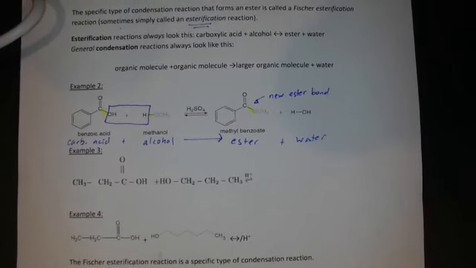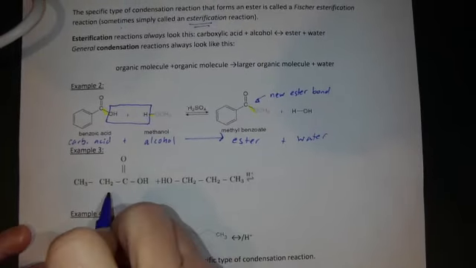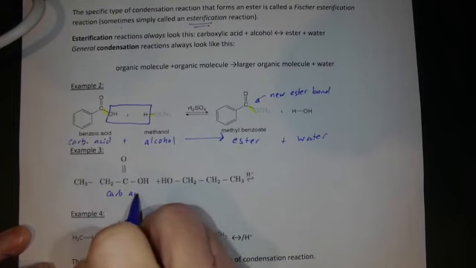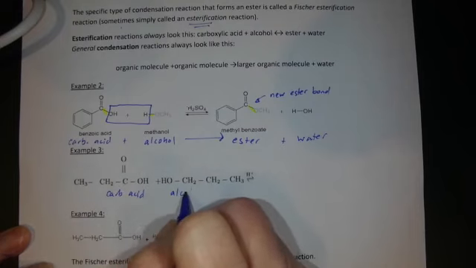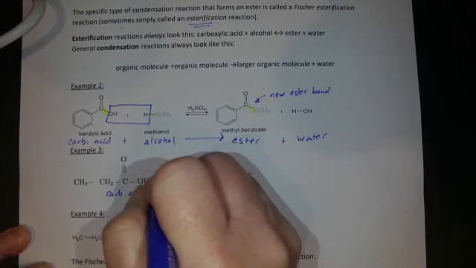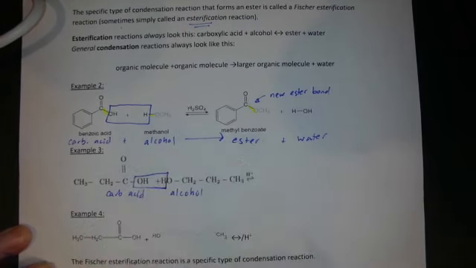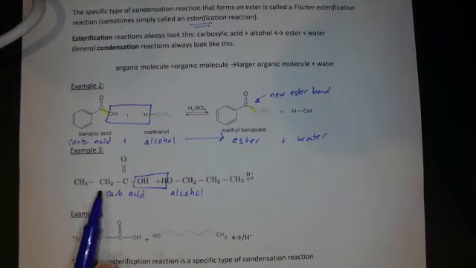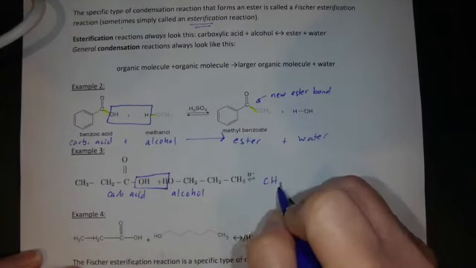So let's see how that would look. I see that this is a carboxylic acid. I see that this is an alcohol. So what will happen is this: box out water, slide the two pieces together. Everything before the box stays the same. It will not change. So I will leave it exactly as it was.